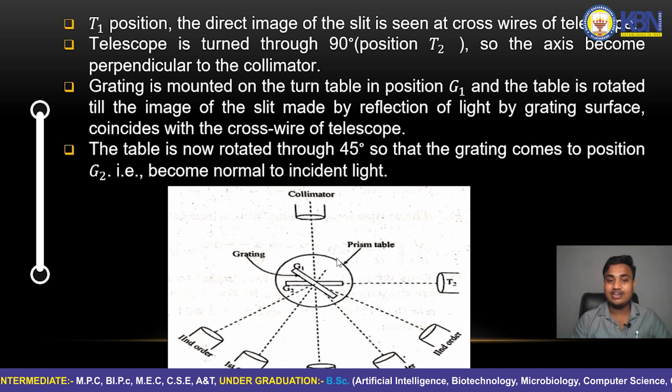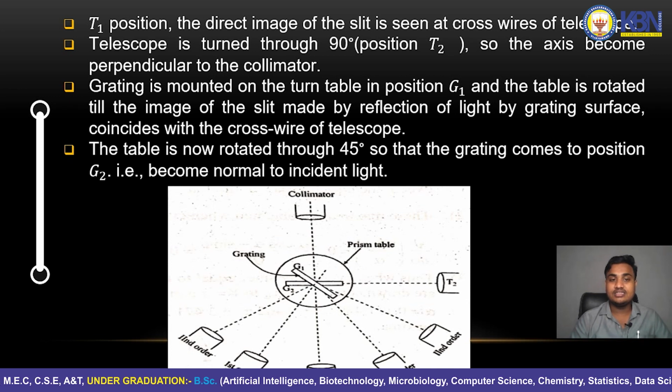Now the prism table is rotated through 45 degrees so that the grating comes to the position Z2, which means that it is parallel to the collimator.